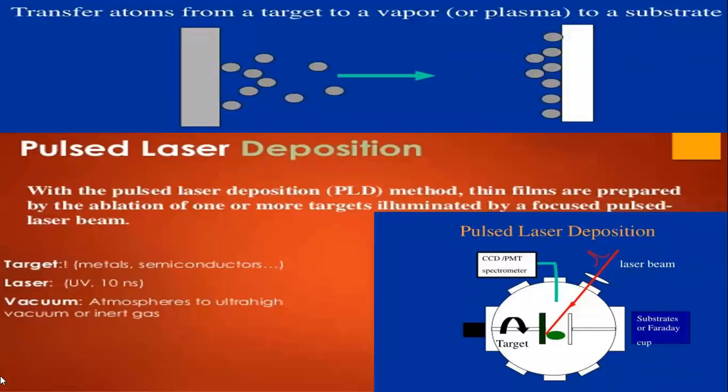First of all, I would like to say that pulsed laser deposition is a physical vapor deposition technique where a high power pulsed laser beam is focused inside a vacuum chamber to strike a target of the particular material that is to be deposited.